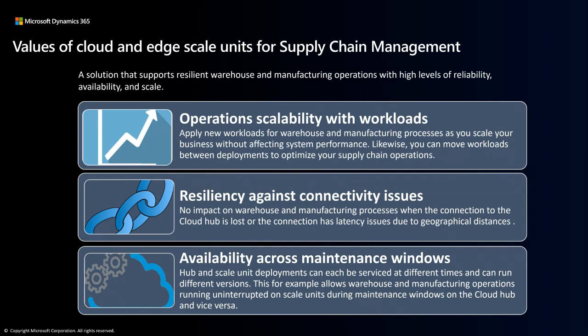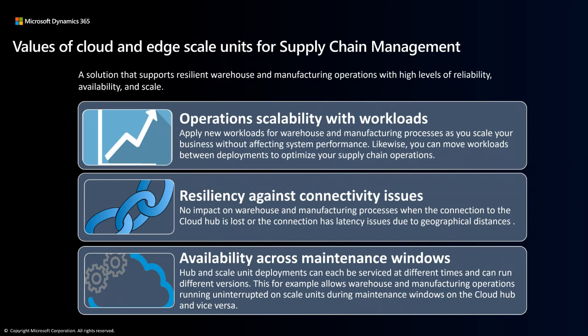So if you have warehousing or manufacturing operations that have large latency to the main cloud or hub deployment of finance and operations or finance and supply chain management, we can offer scale solutions or scale operations more closely aligned to where those facilities may reside, as well as also allow you to potentially implement edge scale units, where the system components would be installed locally at the facilities to prevent against connectivity to the cloud issues.